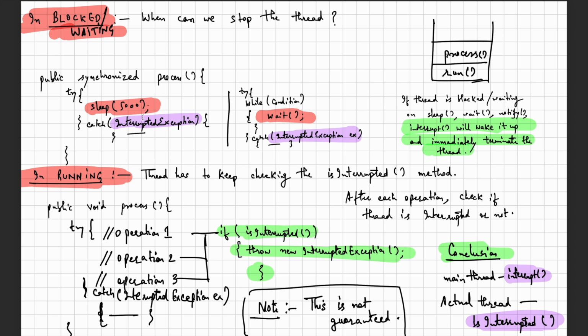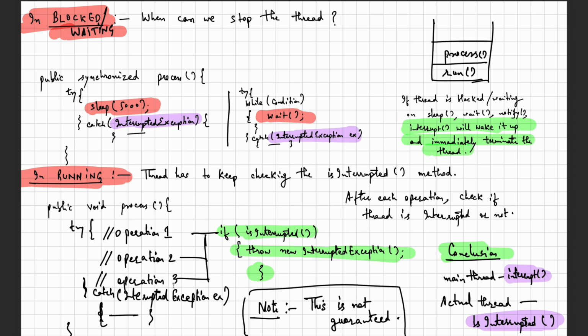And the other case could be if the thread is in the running state. Now if the thread is in the running state, how can it check if it is already interrupted? For example, there is a long running thread, and there are 3 operations: operation 1, operation 2, operation 3.